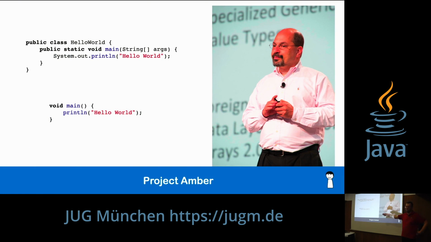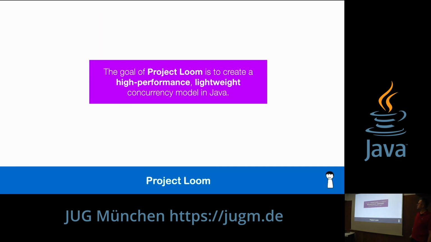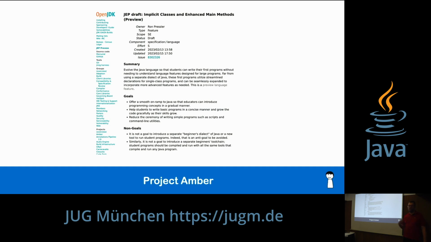And you need to change the starting protocol so that main does not need to be static and does not need to have a string array. It is published as a preview. After a few versions of testing, it will be published as a stable feature. That's the standard Java process of releasing new features right now. Do you have any questions about that?